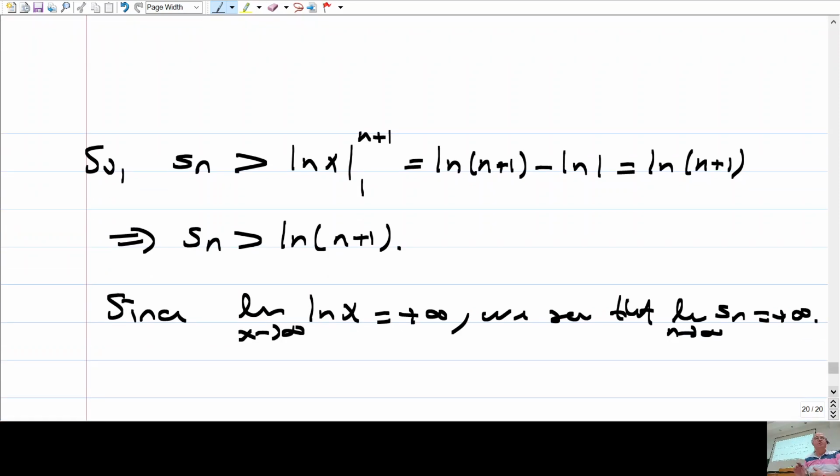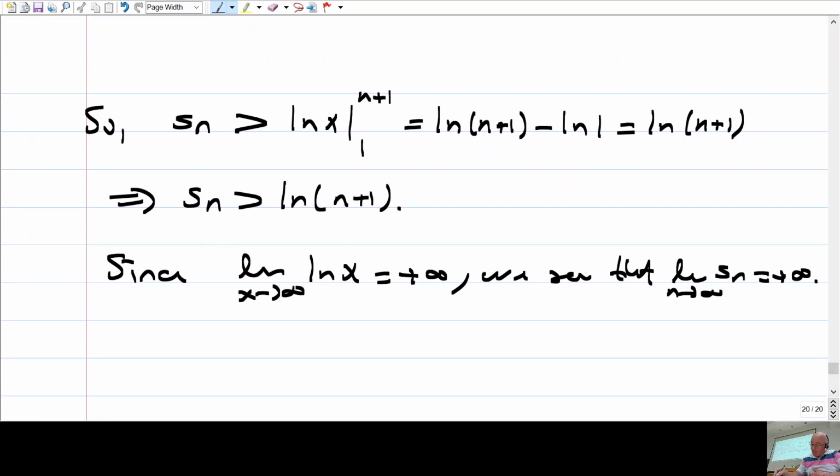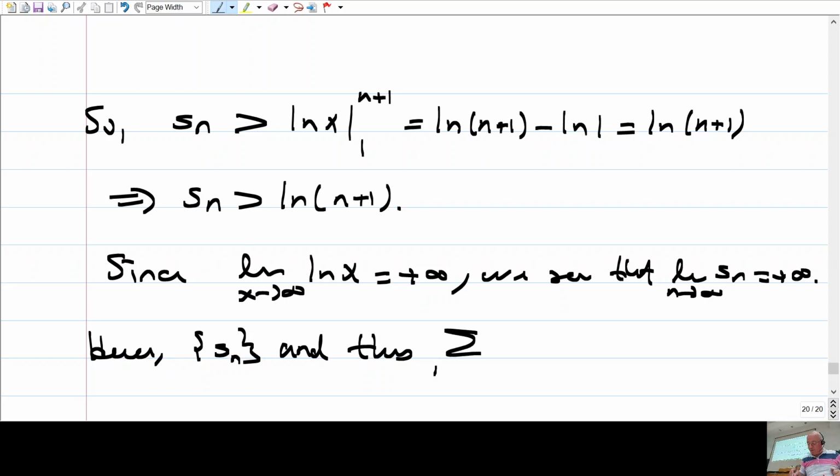Okay, so it is not convergent. Hence Sn, and thus this is the sequence of partial sums of the series. So the series of 1 over n is divergent.